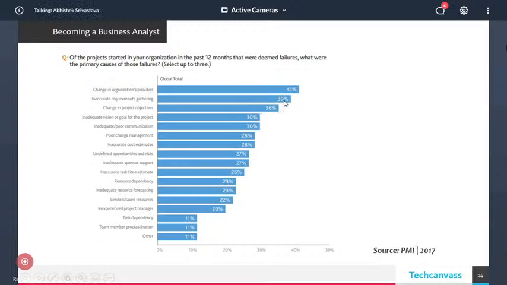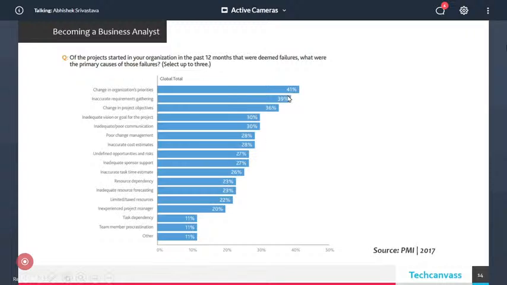Close to 40% of the people are saying that projects were cancelled or failed because requirements were inaccurate or there was a change in the project objective. So the frequent changes in the project and not gathering the requirements correctly have been primary sources of failure. Now, this data is from the Project Management Institute of 2017, not very old data.